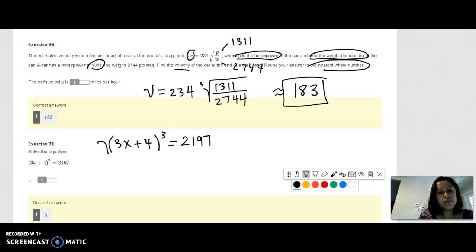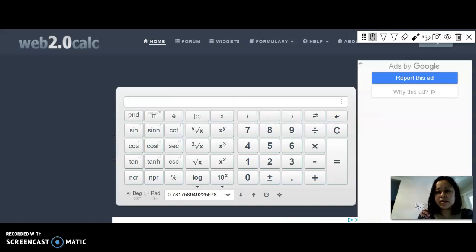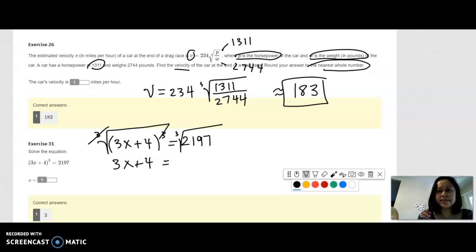So you're going to cube root both sides of the equation. These then cancel out. You're left with 3x plus 4 equals, now just go to your calculator and cube root 2197, which equals 13.